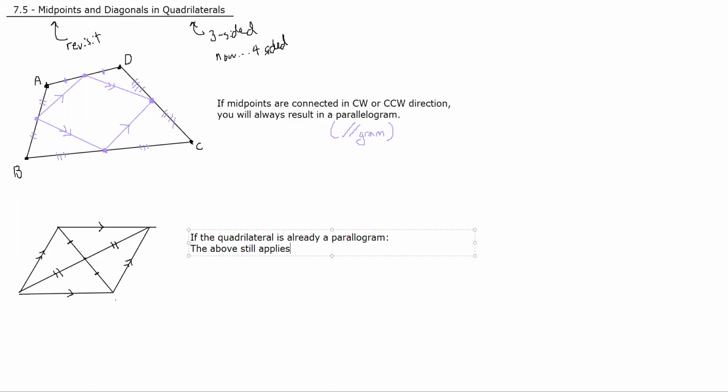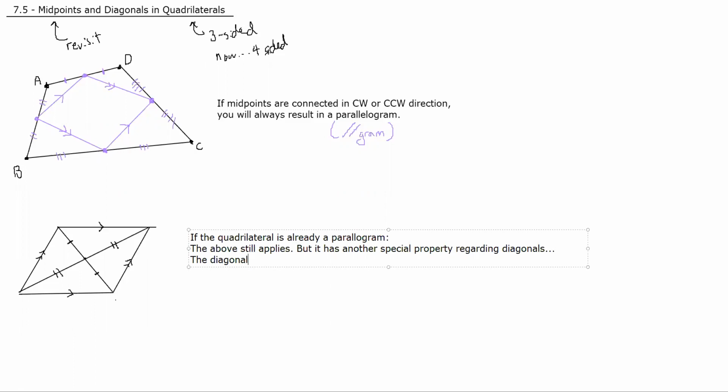Okay. But another thing that's also important that I just said, it has another special property regarding diagonals. What is that special property?